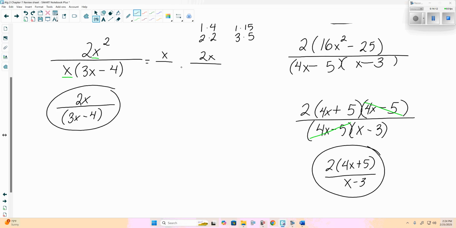Now, there's no good way to do this with addition, because really we'd be saying x squared plus x squared to get 2x squared. And if we add, the denominators have to be the same. Here they would simplify, but we're not going to actually get to something we want.